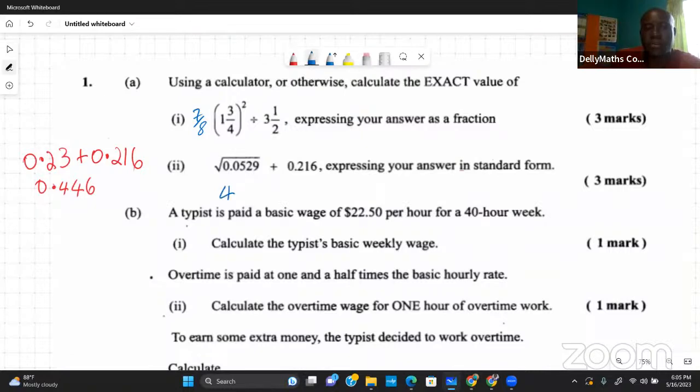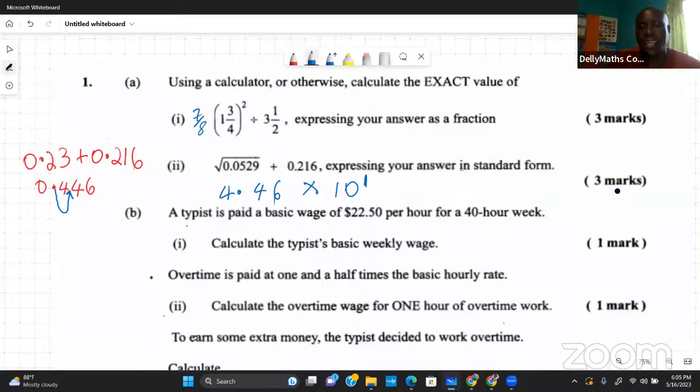So it's going to come between the 4 and the 4. So we write back 4.46 times 10 raised to some power. The power of 10 will depend on how many times we move this decimal point, and that's 1.